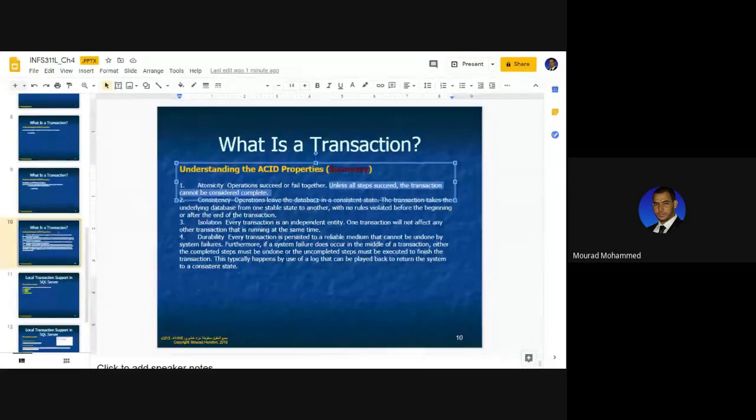They have to be seen all, not part of them. The system has to recognize that the transaction has 4 commands, for example. In this example only we are talking about 4 commands, but we may find transactions with 10 commands, 100 commands, 1 command, whatever the number is. All the related commands in one transaction, the system has to see them all as one. This is the atomicity. We're talking about atomic, so 1 unit.